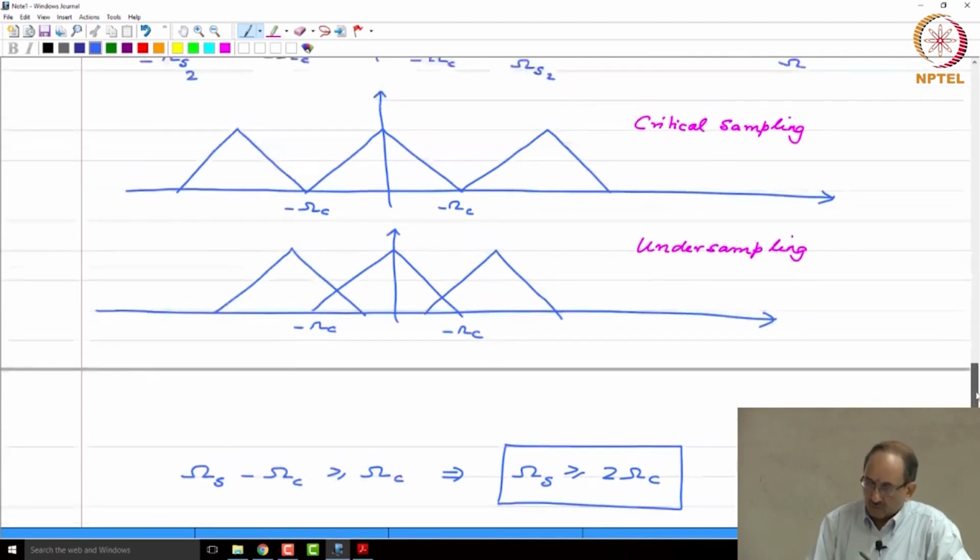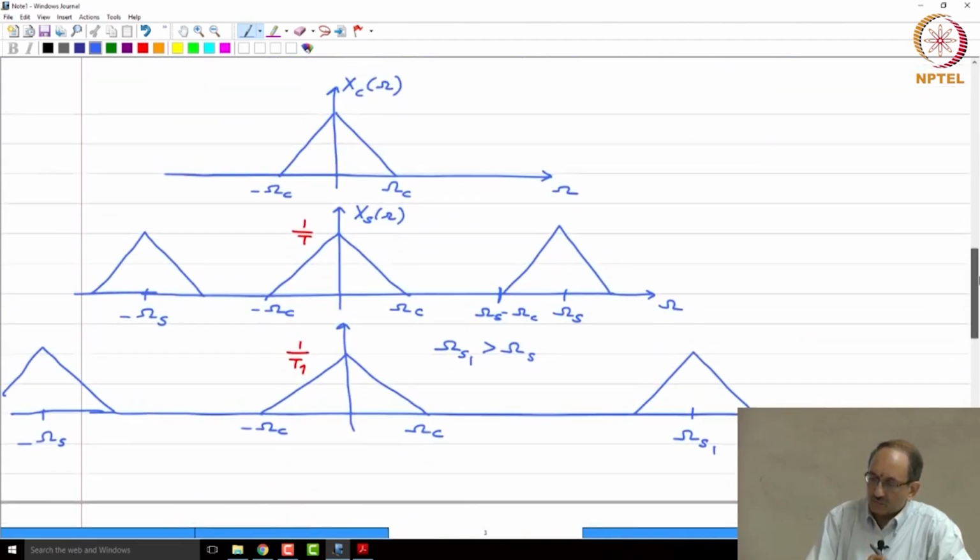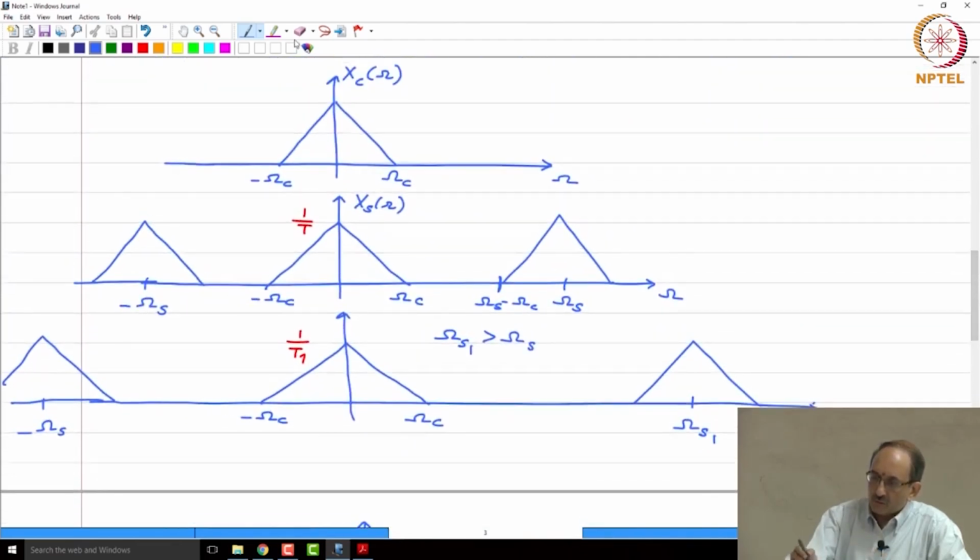And the other thing that is implied from the picture that we have drawn is clearly we have assumed the signal to be band limited. That is why this frequency response is between minus omega c and plus omega c, and there are no other components beyond this frequency range.